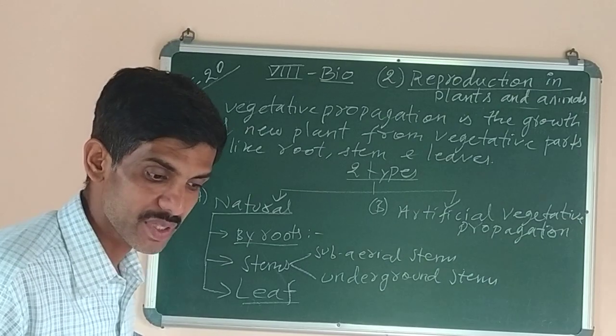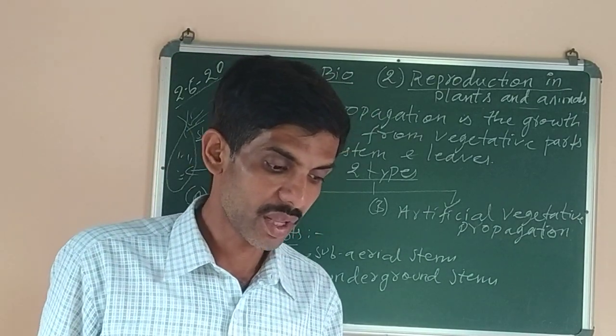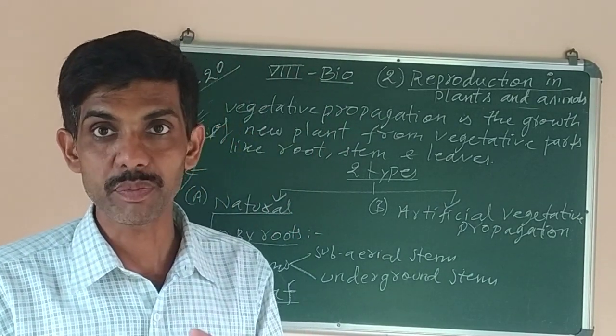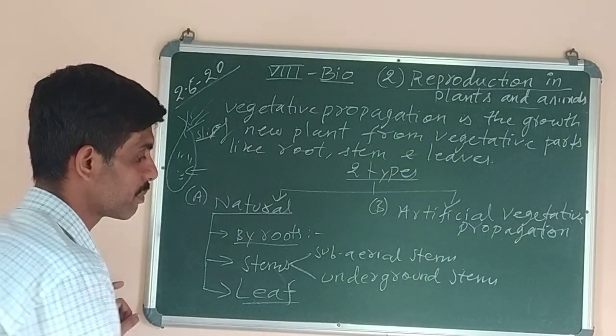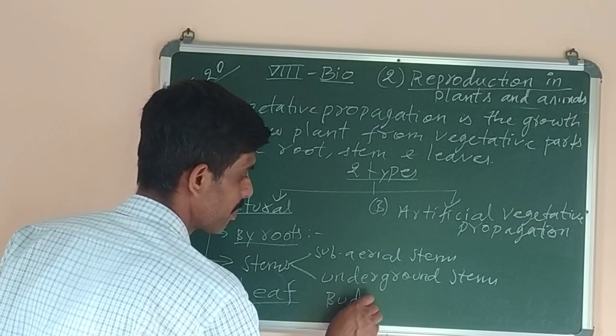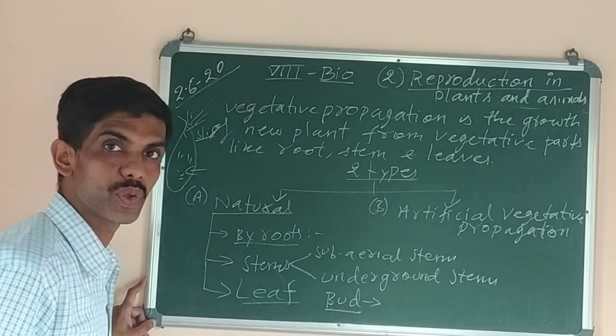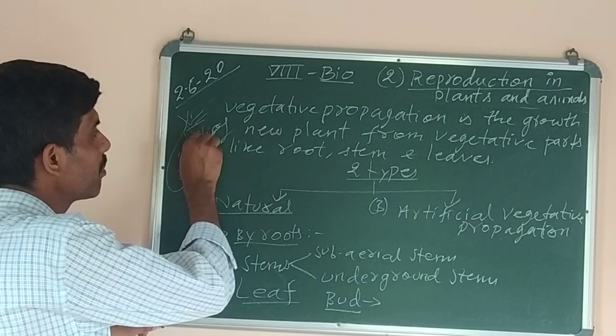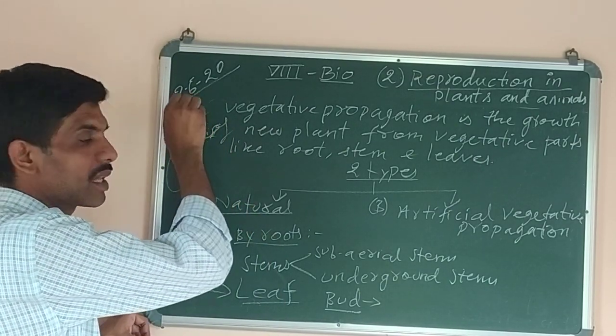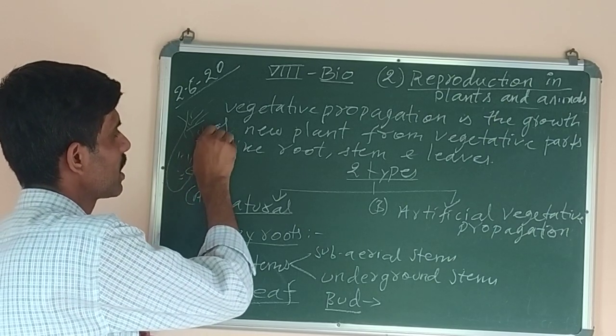Now what are these slips? They are swollen buds, B-U-D-S. So let me see, what is a bud? Don't confuse. The word bud means a young undeveloped shoot. So many buds which are present in the sweet potato are called slips.